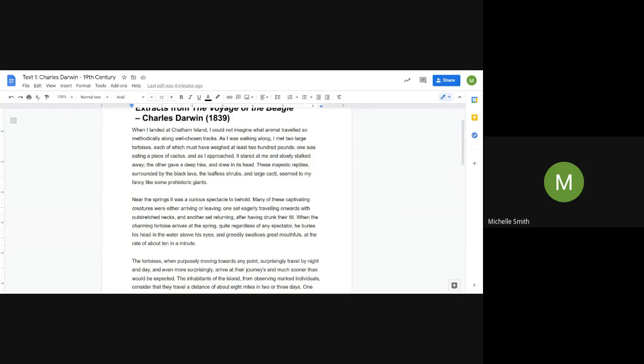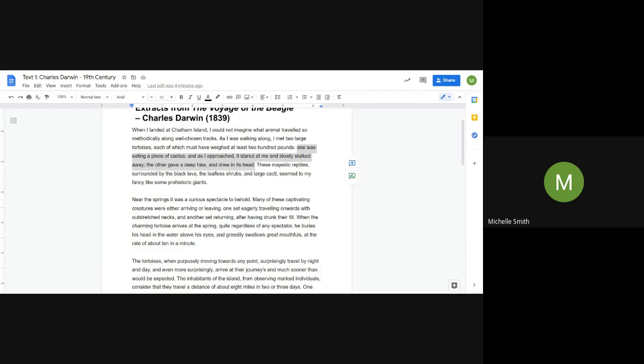Now, in that first paragraph, it says, as he approached, one of them stared at me and slowly stalked away. The other gave a deep hiss and drew in its head. So straight away, that implies to me that these tortoises are very passive, and if anything, they're defensive, aren't they?